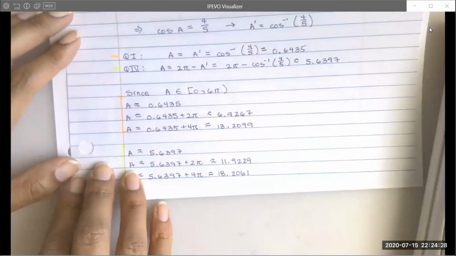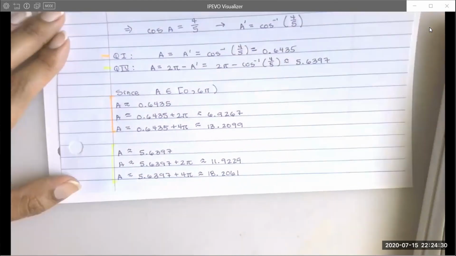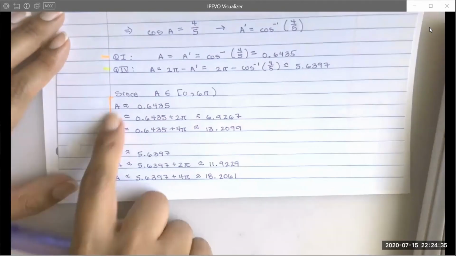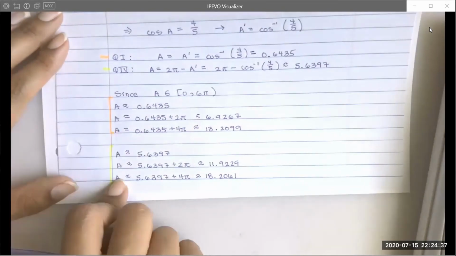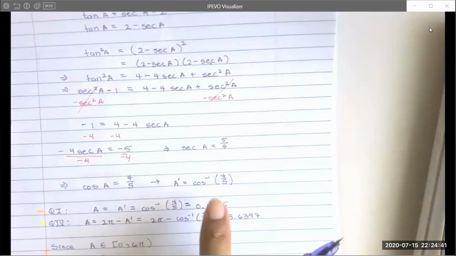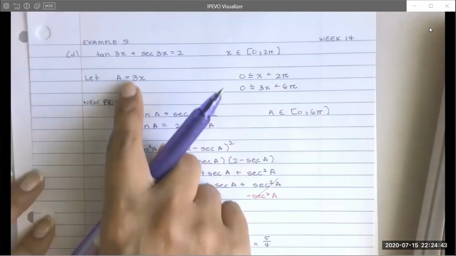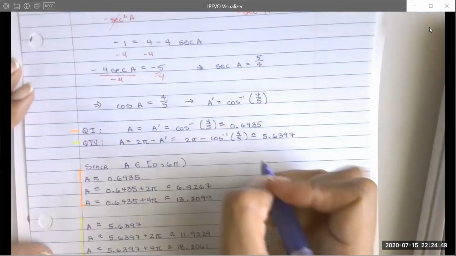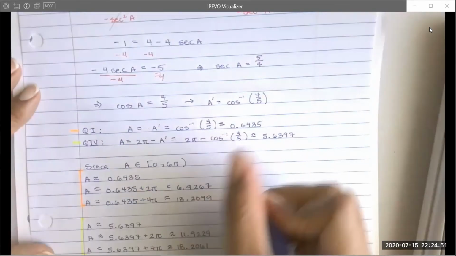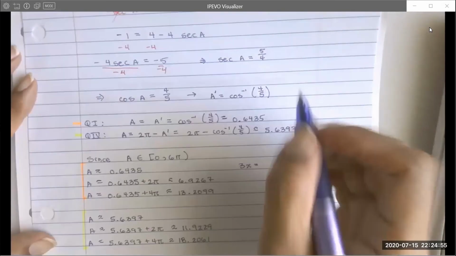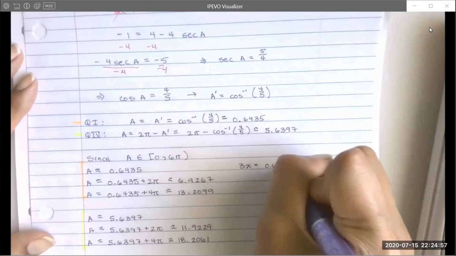But even then, we're not done yet, because this is for angle A, right? A was representing 3x, so now we have to write it back in terms of x. Okay, 3x is equal to this A part, 0.6435.